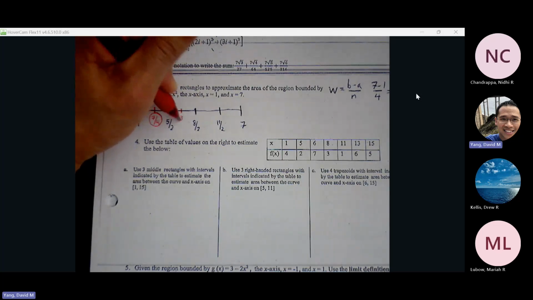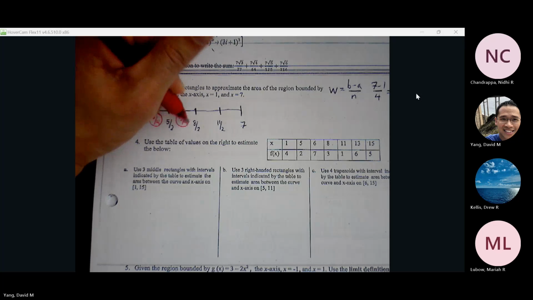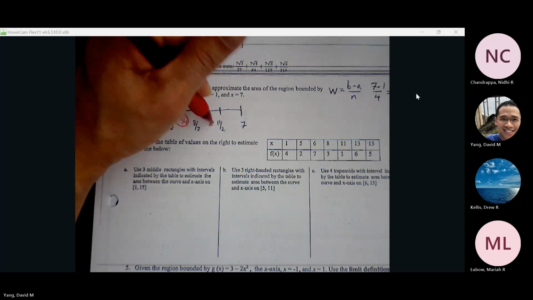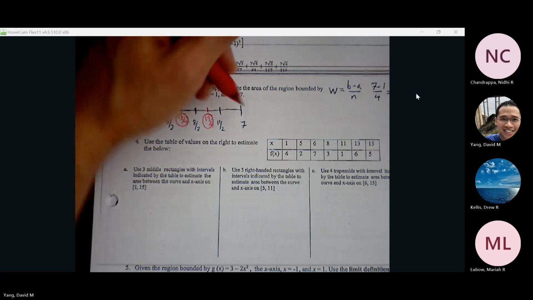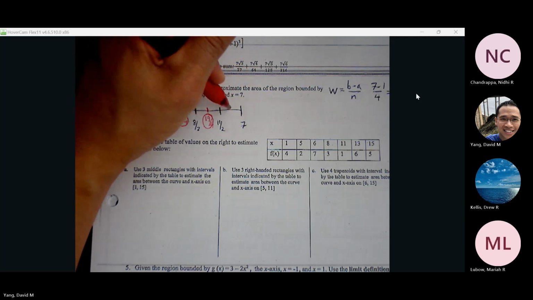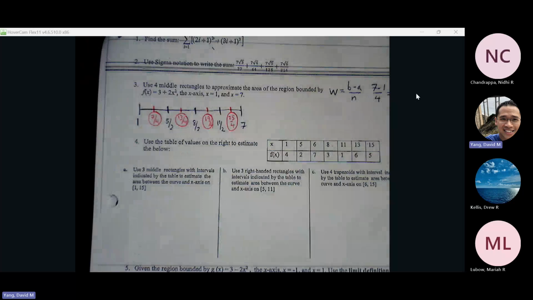This is 13/4. Any questions about finding those midpoints? You can use your calculator if you like. Add up two numbers, divide by 2.